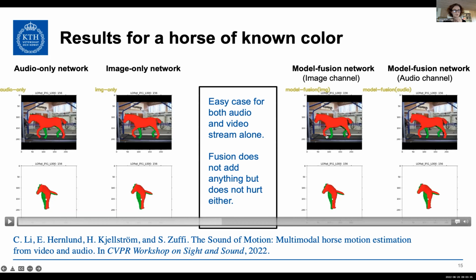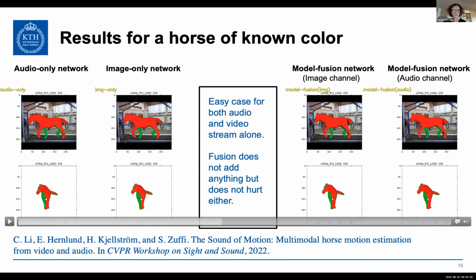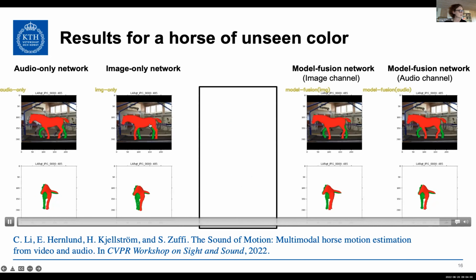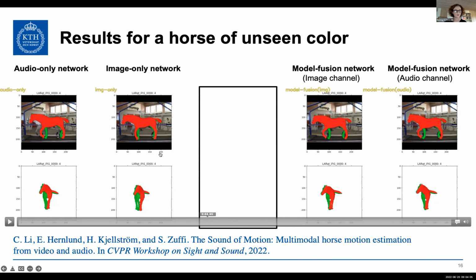But if we move to a horse with unknown color, a white horse, the video modality is completely useless because the network has no idea what this is. It has just seen brown horses. So you can see here, using the video stream alone makes it impossible to do anything.